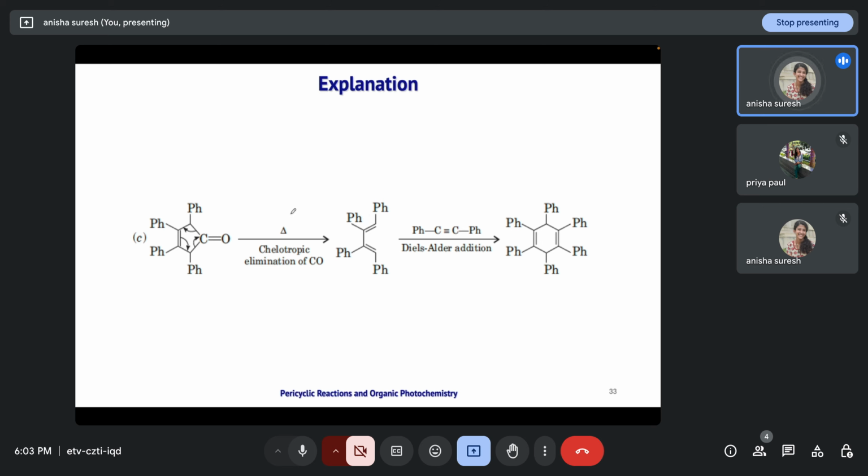Now coming to the last part of this question. In the previous cases, SO2 was getting removed, but here a molecule of carbon monoxide is getting eliminated. Okay, so the chelotropic reaction arrow pushing is like in this fashion. It will result in the formation of this diene, and this is our dienophile, this alkyne.